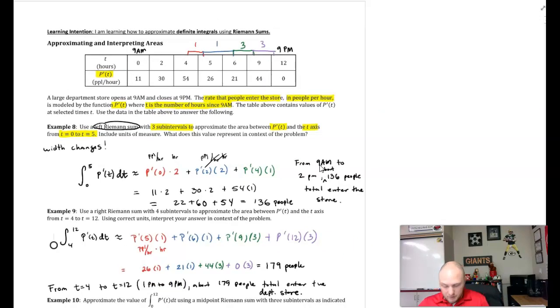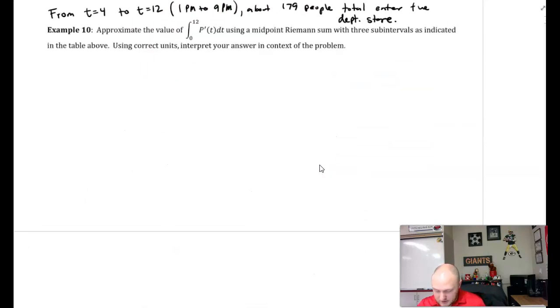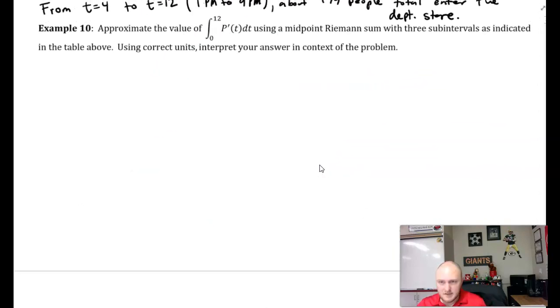All right, example number 10. This is one that we've done one example before. We want to approximate the value of the integral from 0 to 12 of p prime of t dt using a midpoint Riemann sum with 3 subintervals as indicated in the table above.